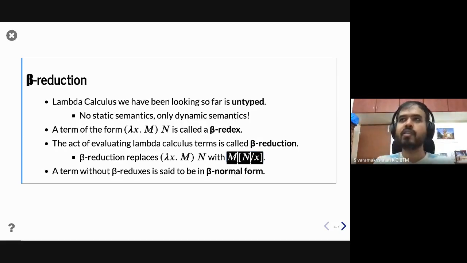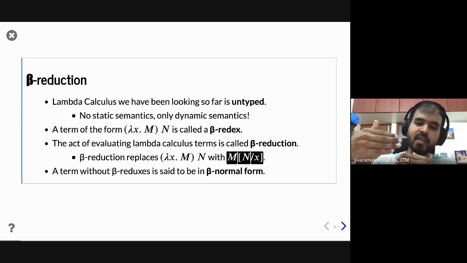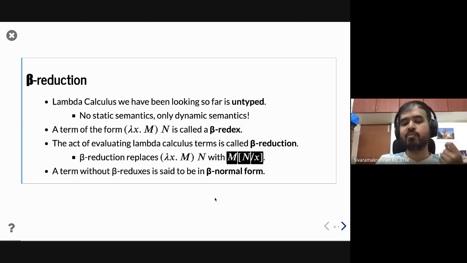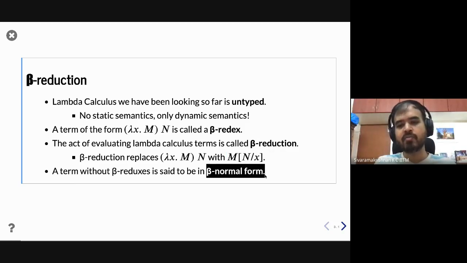If you keep doing this repeatedly, you will encounter some form. At some point you may not be able to apply this rule anymore. And when you come to such a position, we call that last lambda term the beta normal form.